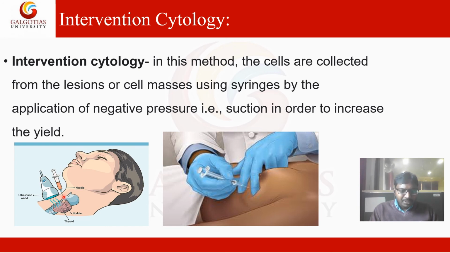Because we apply negative pressure on the thick tumor mass lesions, when we obtain the syringe sample, we can go for slide preparation and staining. This is the introduction to cytopathology.